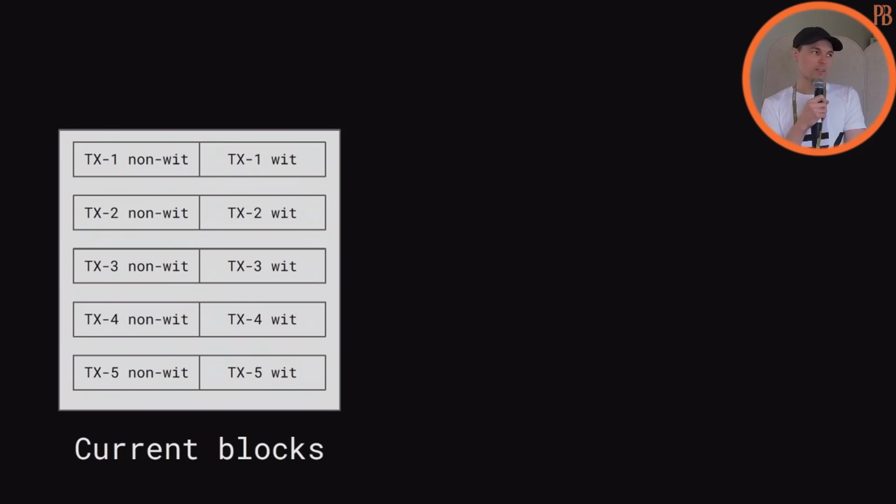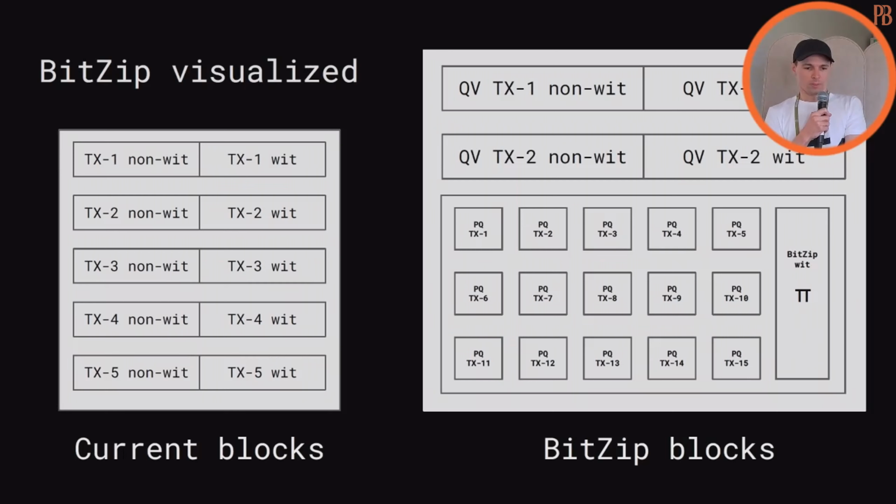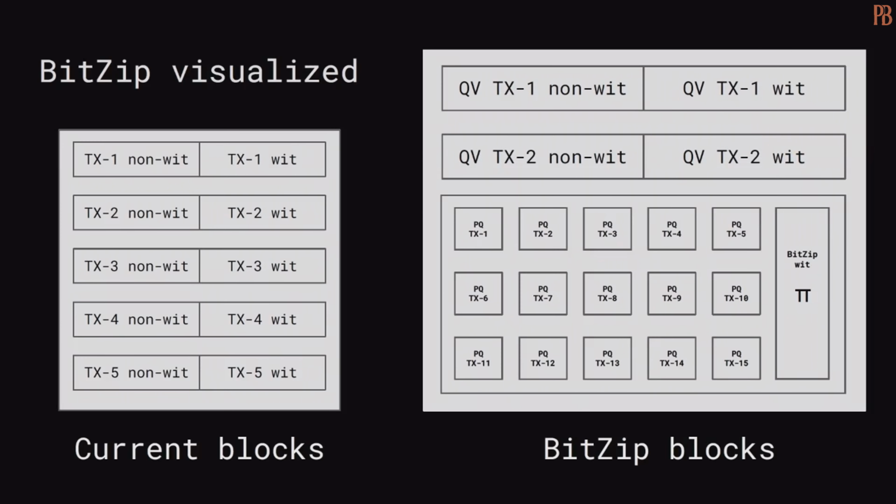So this is not an anatomically correct representation of a Bitcoin block, but at a high level, you have a bunch of transactions. Those transactions essentially have two primary components, like the non-witness data and then the witness data. And then BitZip kind of changes this up, so we still keep the quantum vulnerable transaction types if we want to.